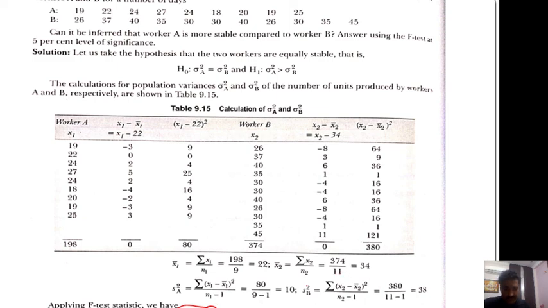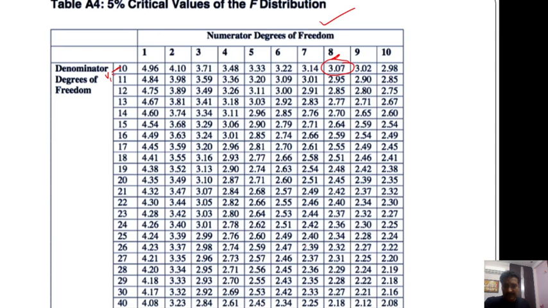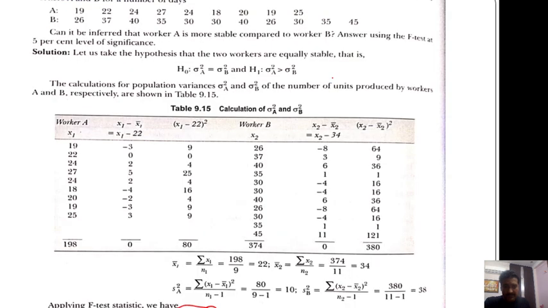Which has the larger variance? SB. It means this. Yes, 10 and 8. v1 is 10, we have taken. This is 8. It should be 3.07. I don't know why he has written 3.35 here. There must be some mistake he has done.